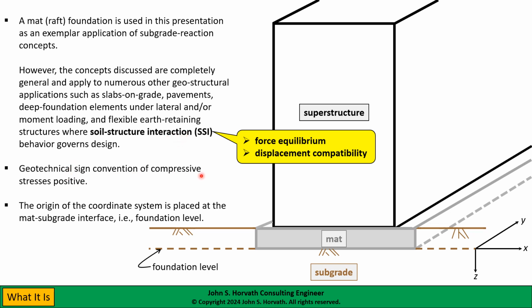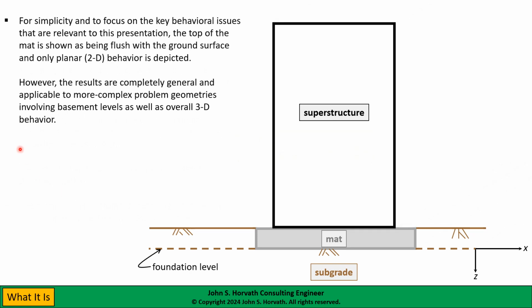I'm going to be using the geotechnical sign convention of compressive stress as positive. And I'm going to place the origin of the coordinate system at the foundation level, which is the interface between the underside of the mat and the subgrade. For simplicity and to focus on the key behavioral issues that are relevant to this presentation, I'm going to look at only two-dimensional behavior, and I'm going to show the upper surface of the mat flush with the ground surface.